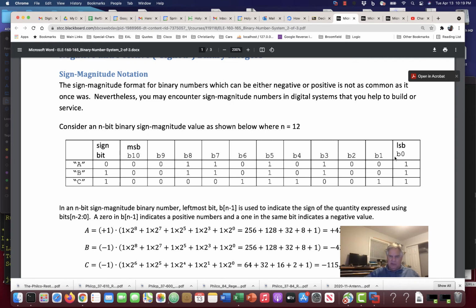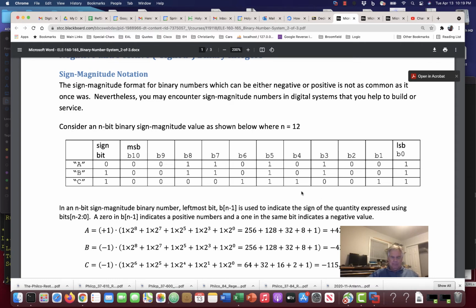B10 down to B0 is 11 bits of magnitude, and these 11 bits on the right give us the decimal value 425. But if we have a 0 in the sign bit, it's positive. If we have a 1 in the sign bit, it's negative. So the first one is plus 425, and the second one is minus 425.